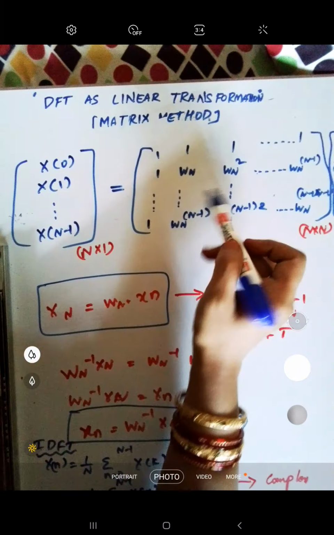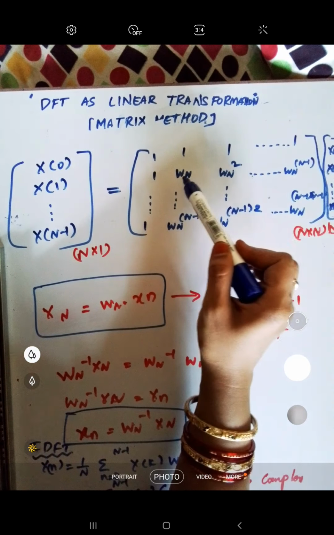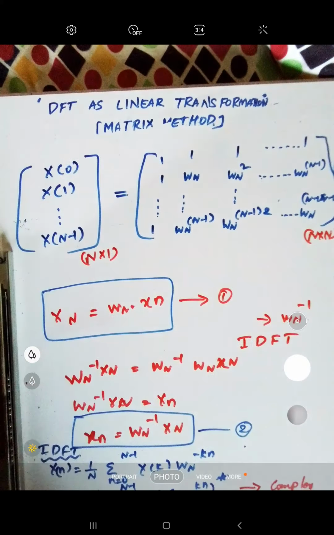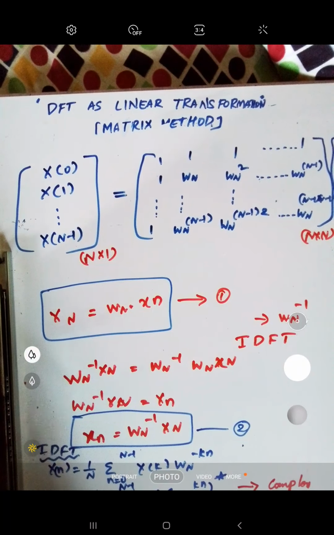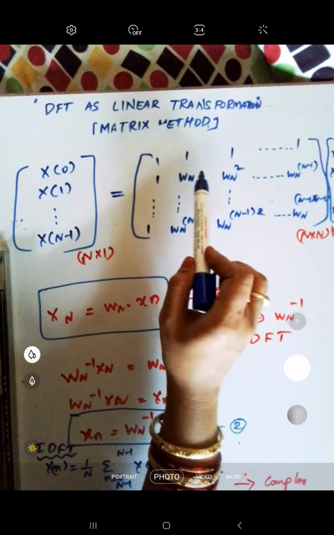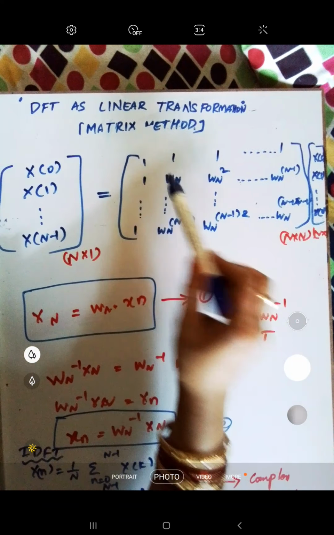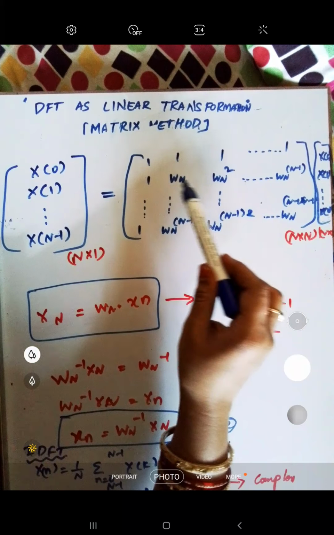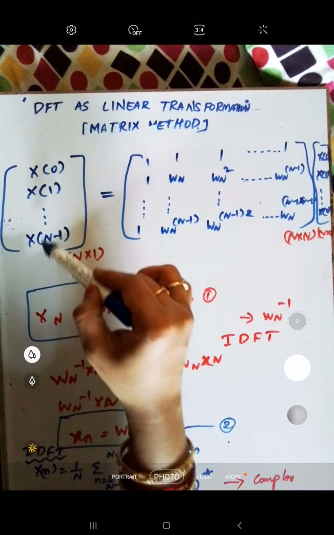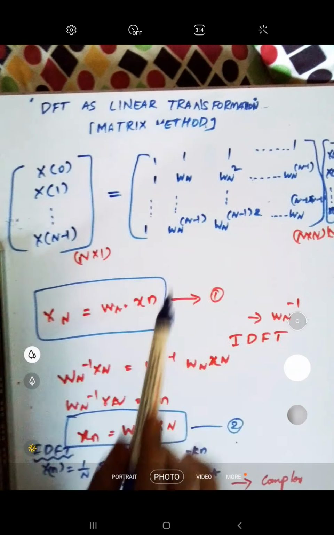First of all, we have to identify all the values of W_N. By using this matrix form, writing the equation becomes very easy. First of all, we have to note all the values of W_N at the places of x of 0, x of 1, up to x of N minus 1.